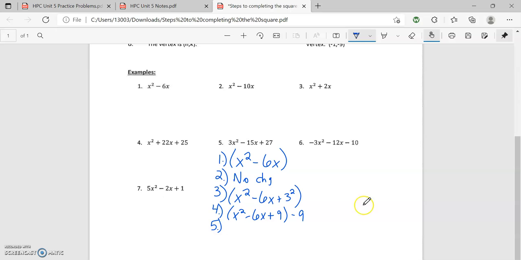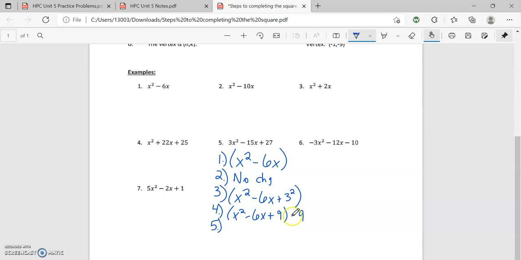Well, hold on. Let's take a pause here. Why do we do this step? Why is step 4 so important that we get it done and we get the right signage? Well, the reason is we started with x squared minus 6x. In order to make this thing work, we can't just arbitrarily say, oh, by the way, we're going to subtract 9 now, because then we have a different equation, we have a different graph, all this stuff.